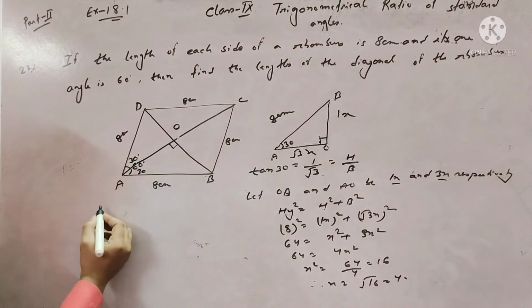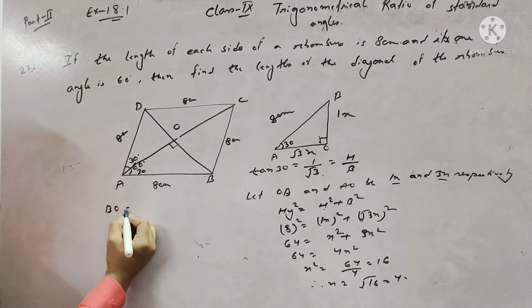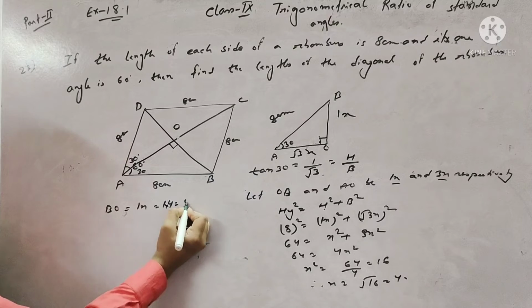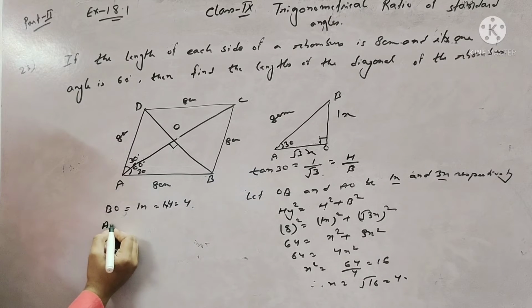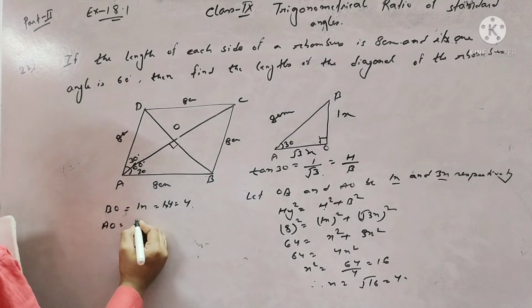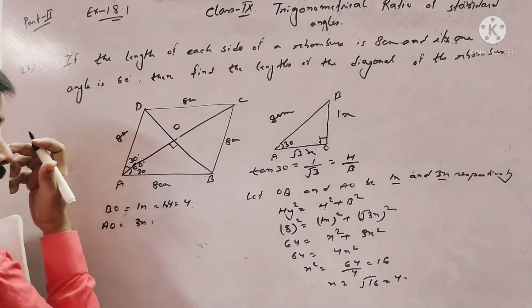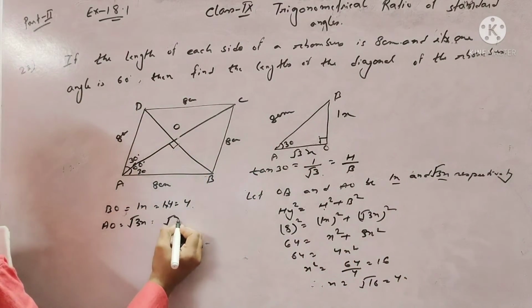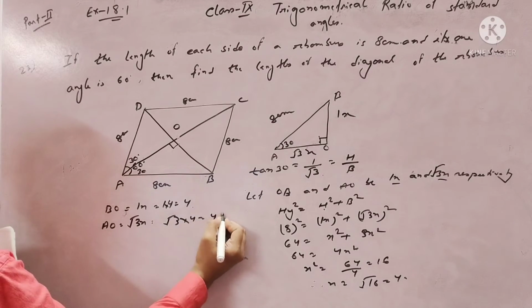So BO is 1x, that is 1 into 4, that is 4, and AO is root 3x, so this is root 3 into 4, that is 4 root 3.